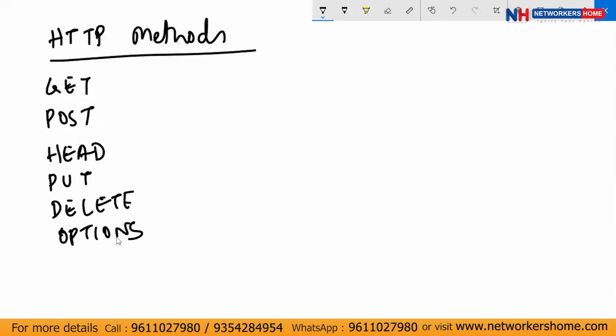on the remote server. And as per these requests, there is a response which comes back from the remote server. So those are basically represented by your HTTP codes.